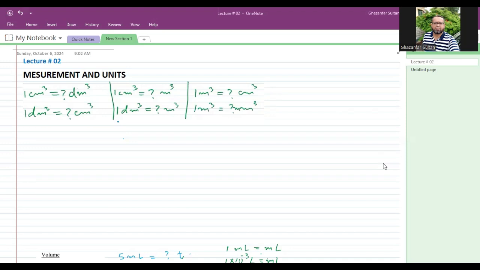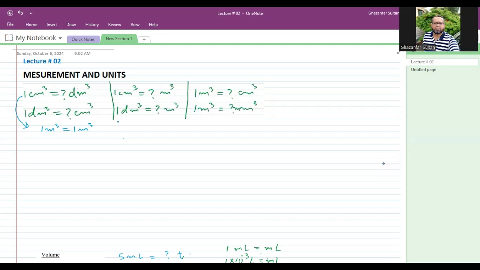Okay, now see, if you want to develop a relationship between centimeter cube and decimeter cube, or vice versa, what can we do? First, we will write 1 meter cube is equal to 1 meter cube. On one side, you have to write centimeter. How many centimeters is 1 meter?